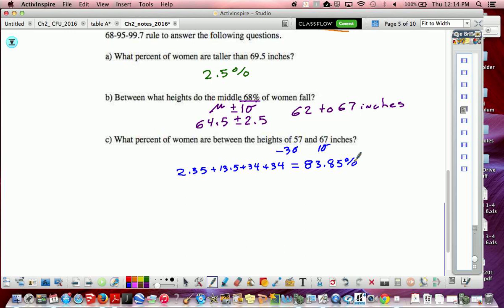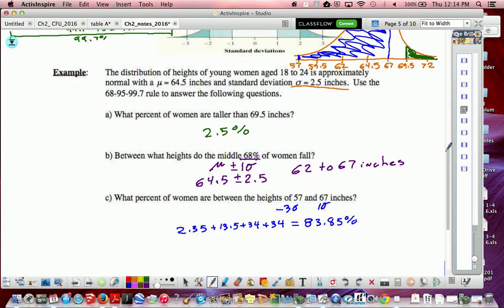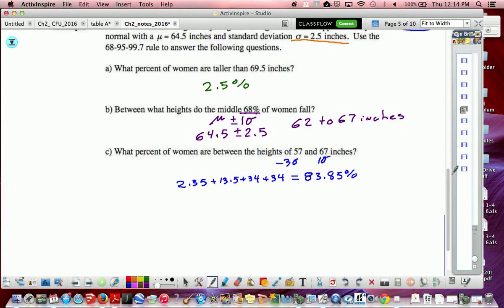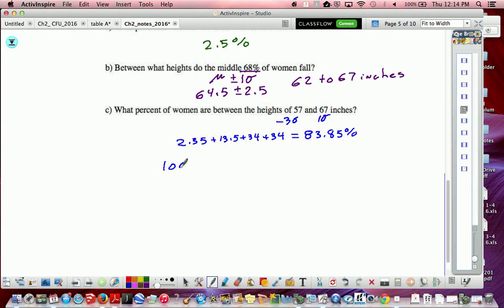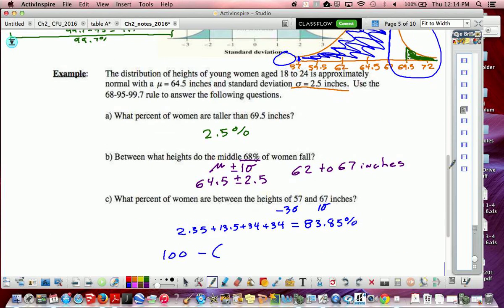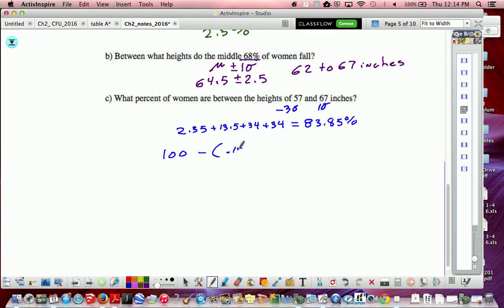Now, it's not the only way you can solve it or figure it out. Some students like to go, well, geez, that's a large part of it. I could calculate out what's left over, add those together and subtract from 1. So another way you could have done it was you could have said, well, I have 100%, and I have to subtract out this bottom tail, which is 0.15%.